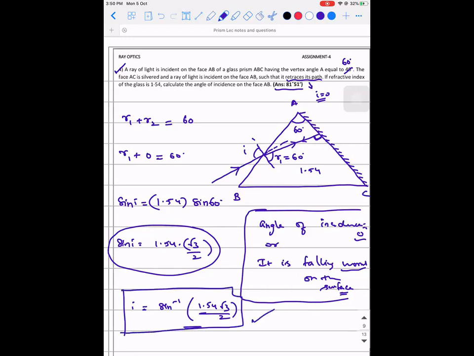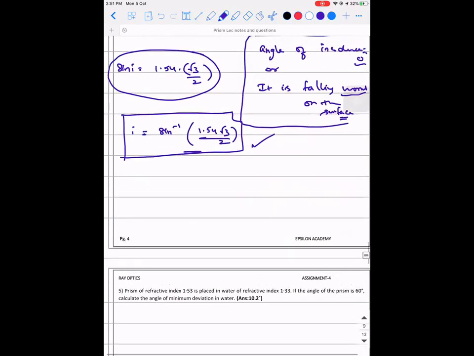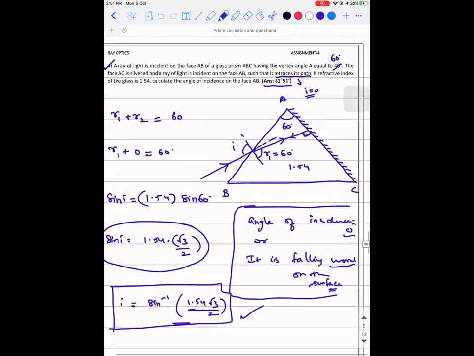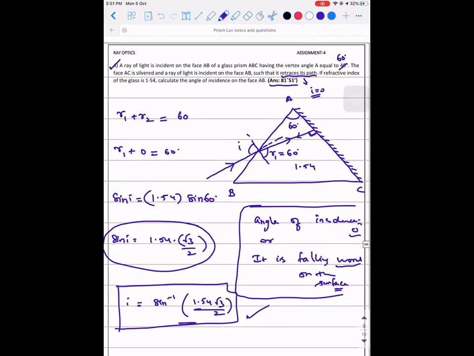So this is what happens. 1.54 into root 3 divided by 2 is the required answer. Clear? I'm moving on to the next problem.